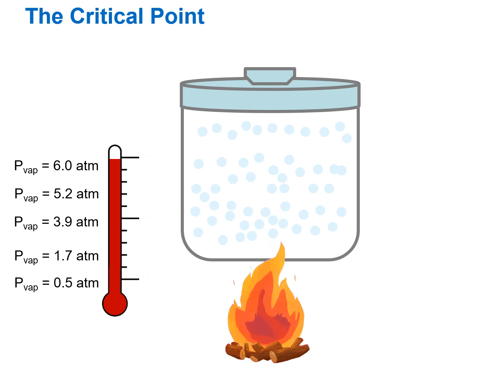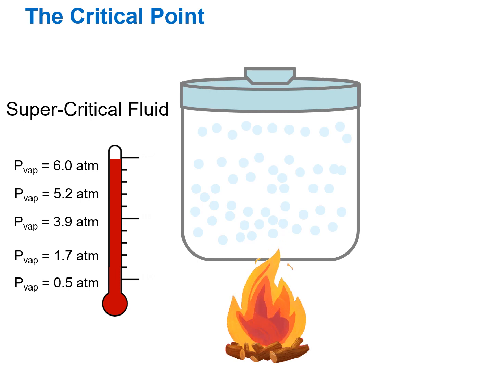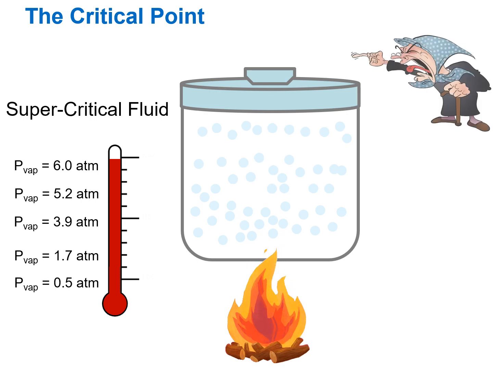By not allowing the gas molecules to escape, we have increased the pressure on the gas molecules, increasing the density of gas. And what we get when we put a liquid into this sort of situation is something that's called a supercritical fluid. And when I say critical, I don't mean that kind of critical.